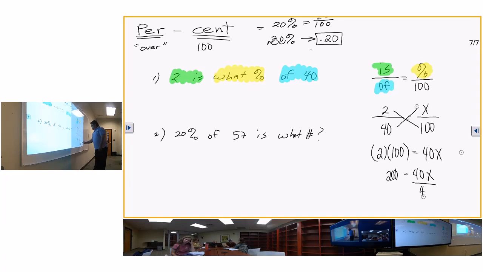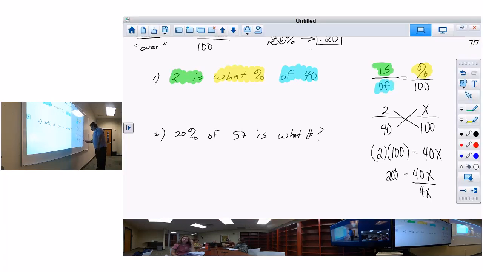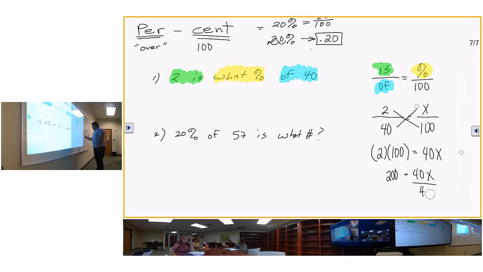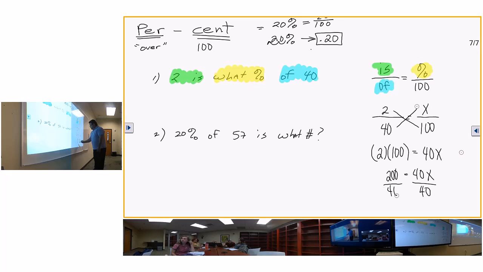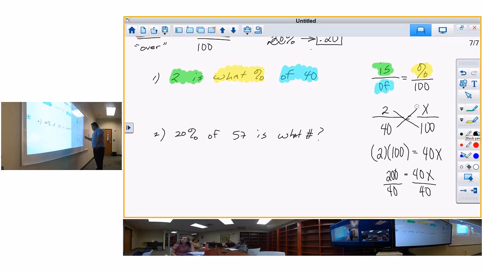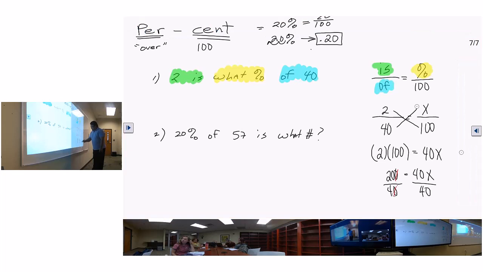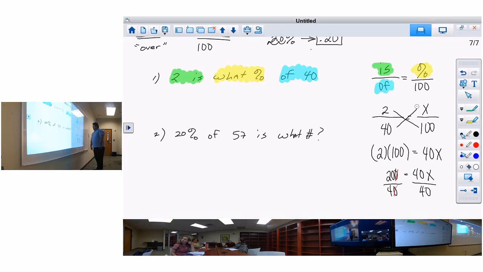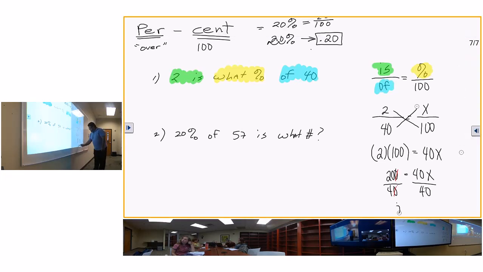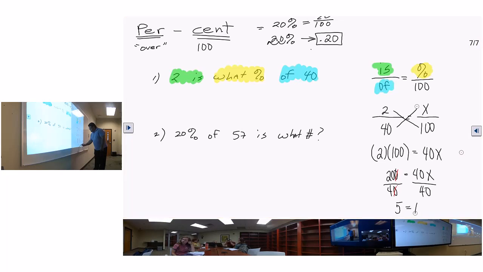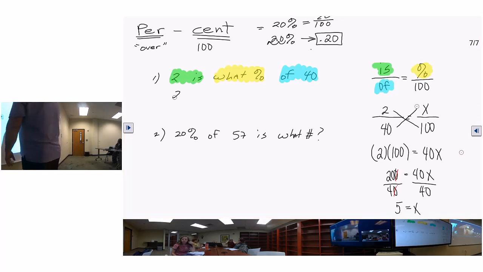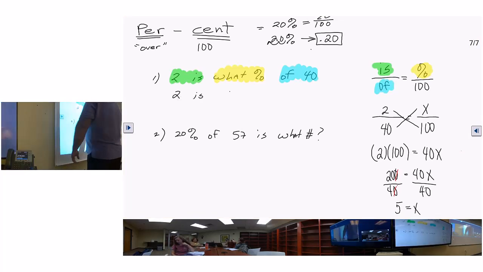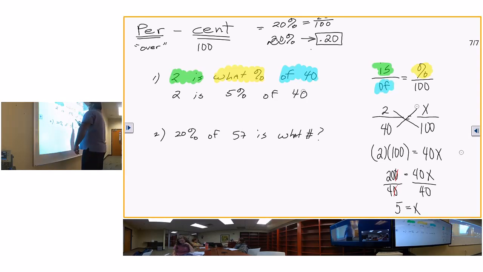I'm going to show you a trick I learned in the war. Divide by 40, and look what happens. That 0 and that 0 are going to cancel, and you get 20 divided by 4 is 5, which is equal to x. So 2 is 5% of what? 40.